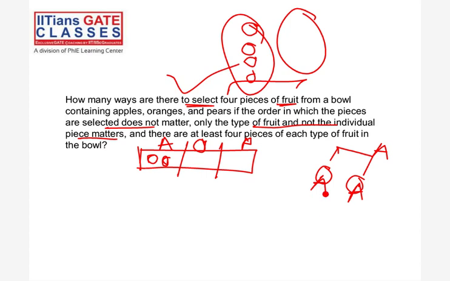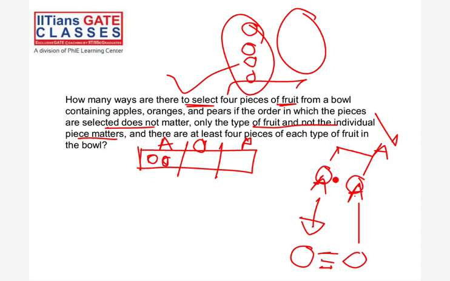Why? Because the individual piece does not matter, only the type of fruit matters, and both are apples. If you select this one, or if you select this one, they are not different, they are the same, because you just want to select an apple.